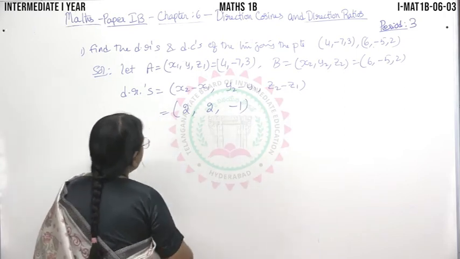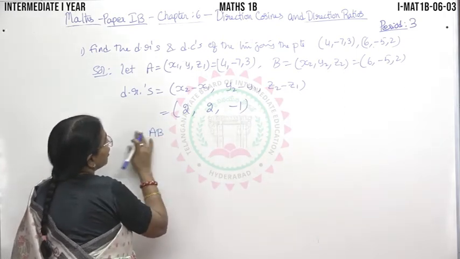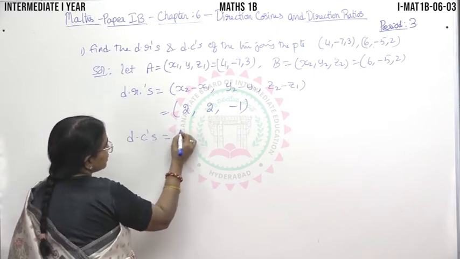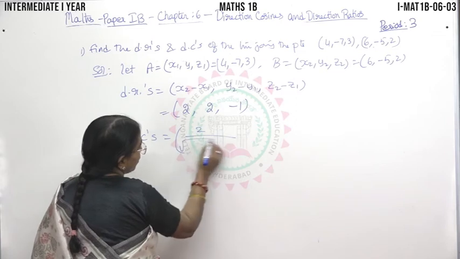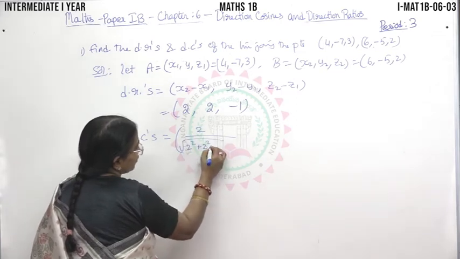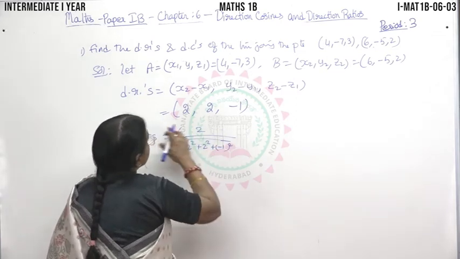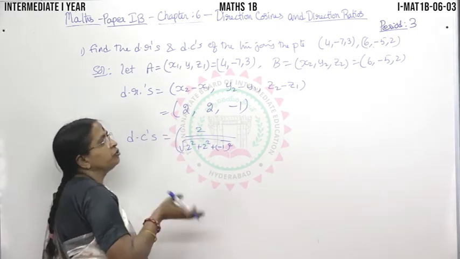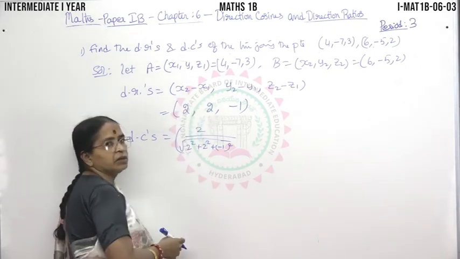Now you know the direction ratios, no? So what are the DCs? The DCs are 2 by root of 2 square plus 2 square plus minus 1 whole square. So when DRs are known, you can find DCs directly like this. You need not go for x2 minus x1 by r.